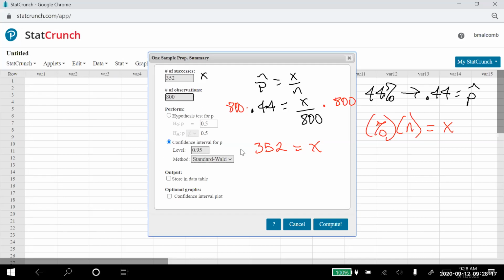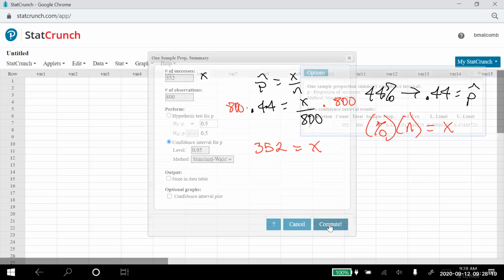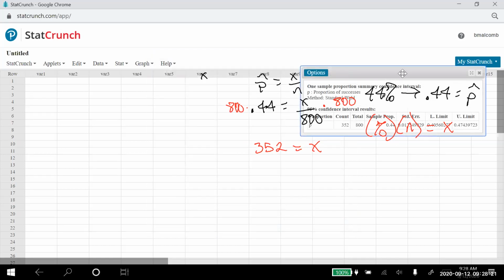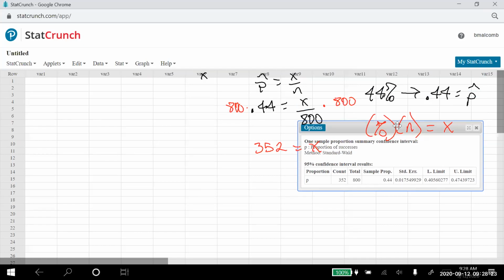Now we run our test. Compute. We've got the data all in, right, where we can't read anything. And so all I'm going to do is put the lower limit. I think they said 3 decimal places. I'm going to go to 4 just in case. So we were 0.4056 to 0.4744.